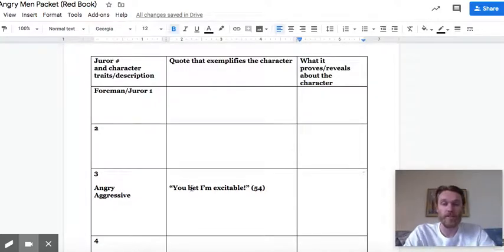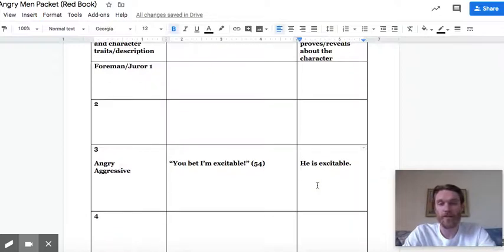Make sure you add that page number there. So what does this quote, and you can add more than one quote too, what does this quote reveal about juror 3? Well, obviously, he is excitable, right? That's obvious. He says it right there. It's not always that clear and that obvious, but it is here because he says it. But it goes deeper than that.